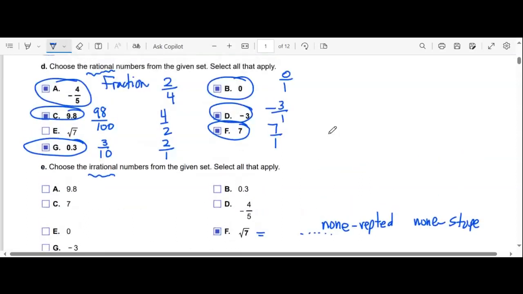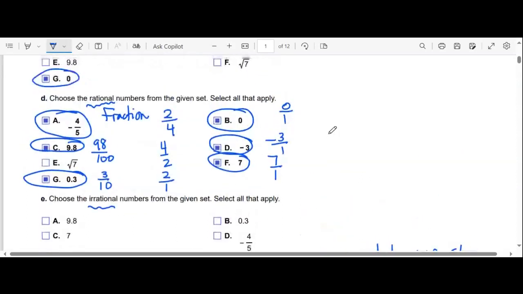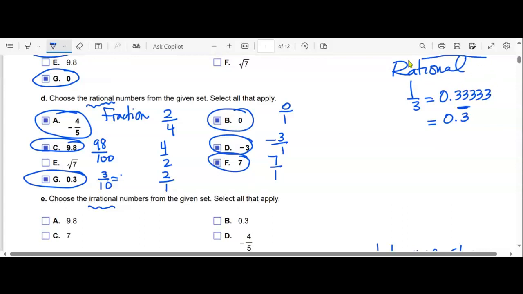So for the rational one, if I say 1 over 3, it's going to be 0.33333. I can write it as 0.3 with a dash on top of it. So this is called rational. Is this clear? Next one.